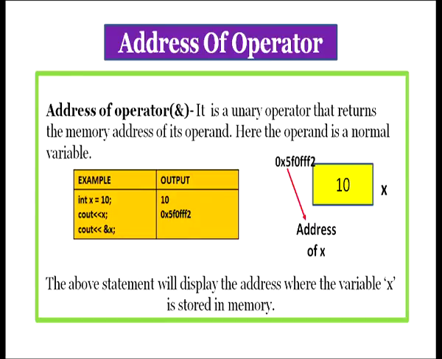You can see the output. But when I say cout &x, ampersand means address of. So, it will display the address of x, the address where memory is allocated to x. You can see in the output the memory address of x is displayed here.